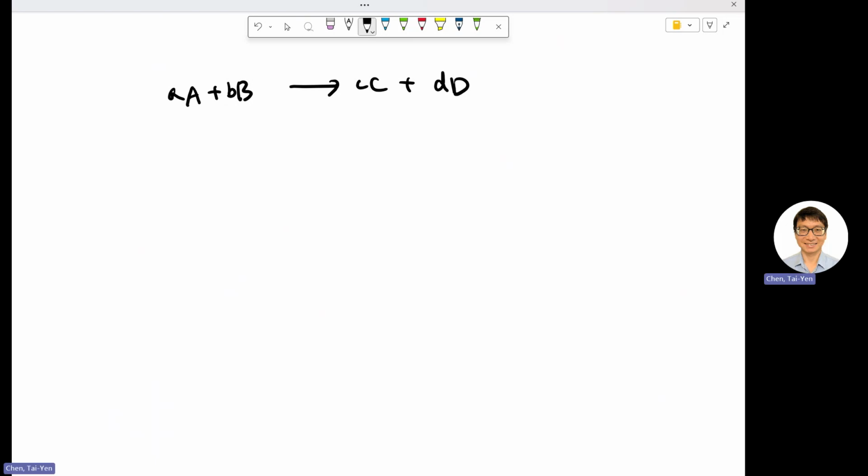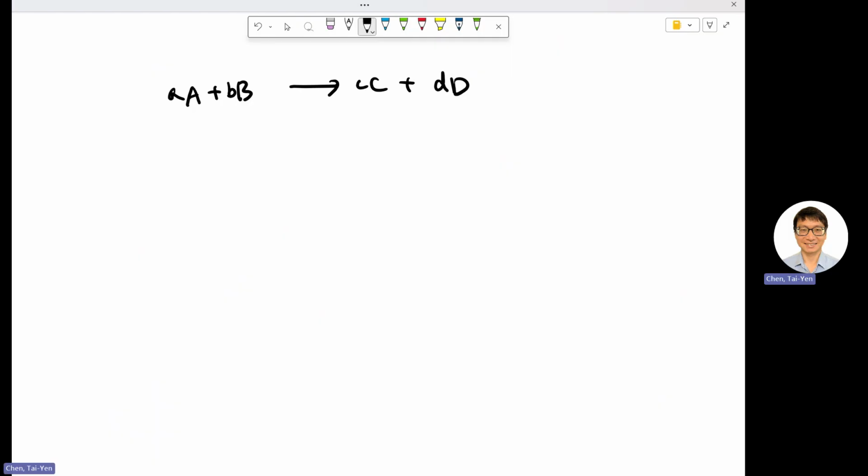Now think about this. Is K a constant or not? Who says no? Be brave. So what's the name of K? Equilibrium constant, right? If I understand the word correctly, a constant is a constant. So K is a single value for a given reaction.